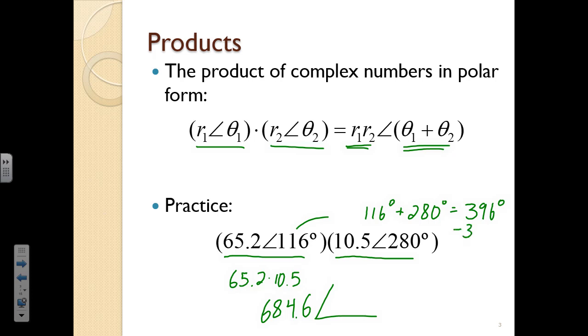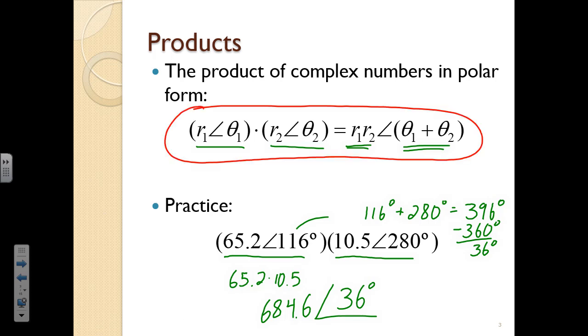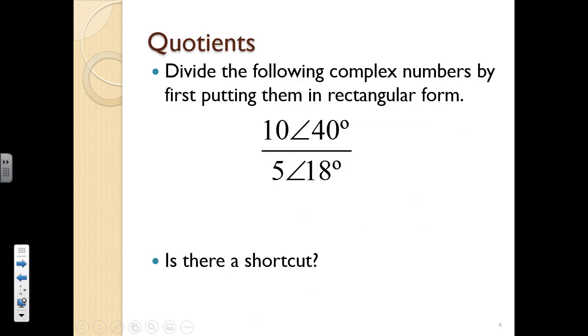We can take off 360 degrees from that, giving 36 degrees. So 684.6 at 36 degrees is the product of those two complex numbers. Important fact.